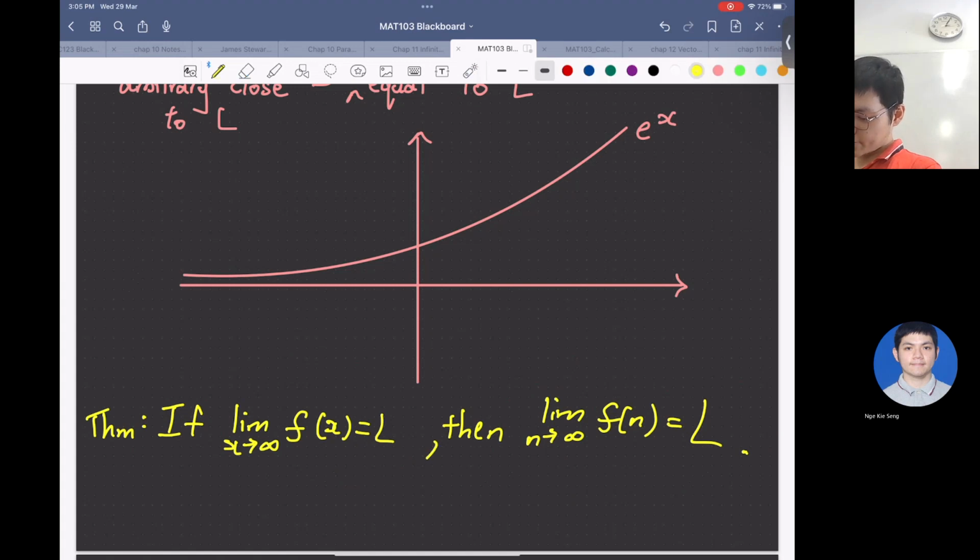I should say x is in R here, and n is in the natural numbers here. Usually they mean x for all the real numbers, n for the natural numbers. So when a function is evaluated at the natural numbers, what do you get? What do you get? Also natural numbers? Not exactly, but you get a sequence, right?